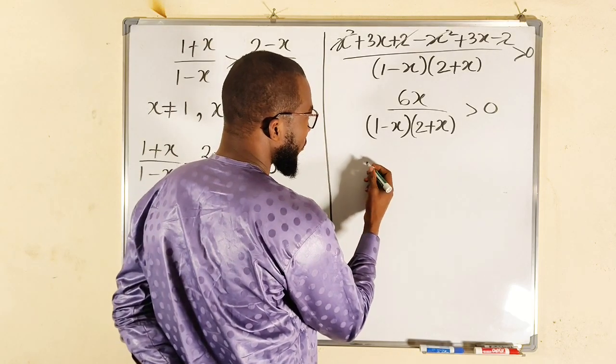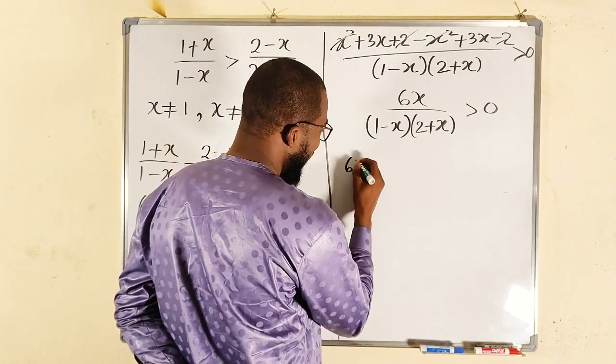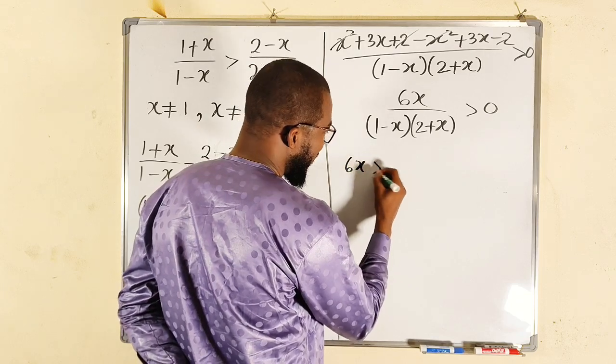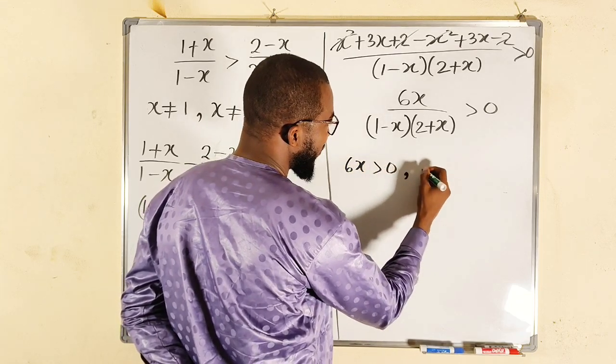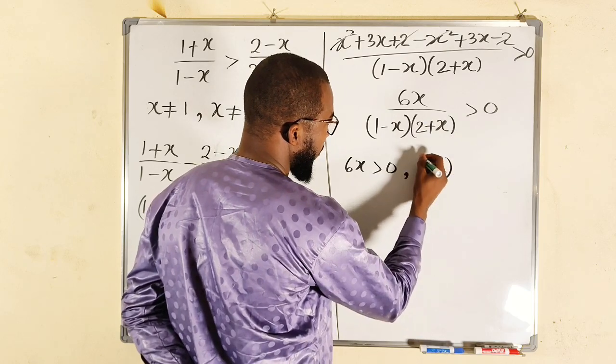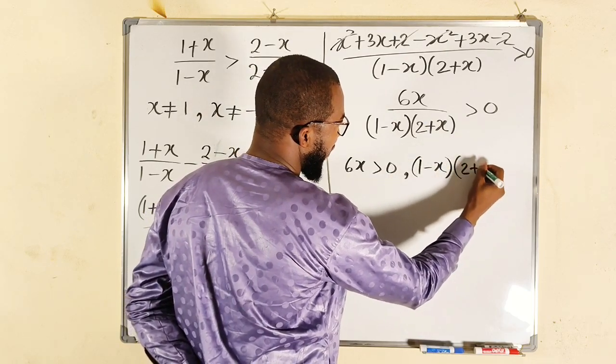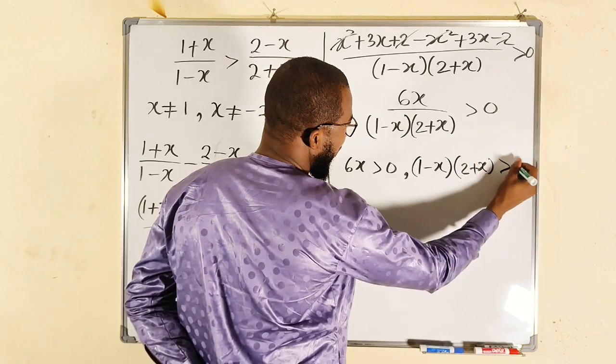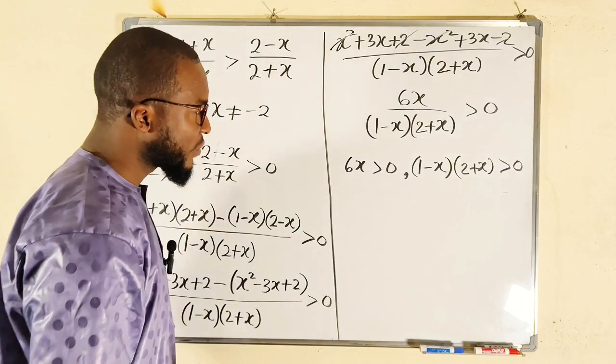It's either if 6x is greater than 0, as well as (1 - x)(2 + x) greater than 0. This is the first condition.